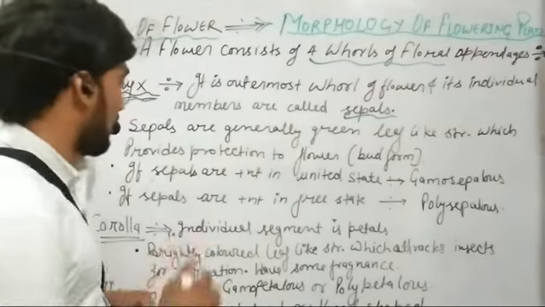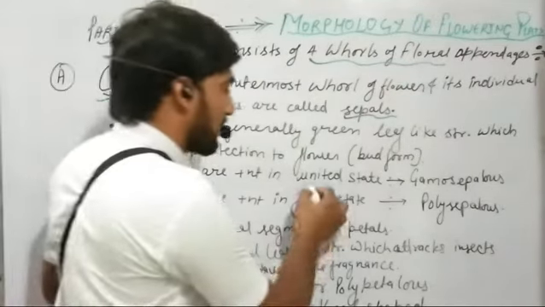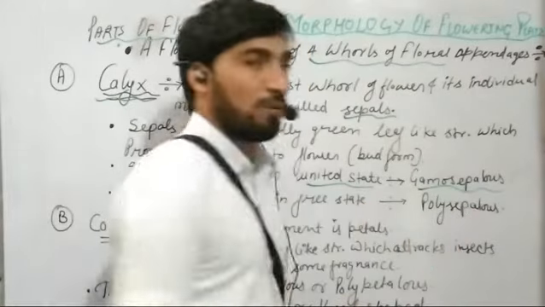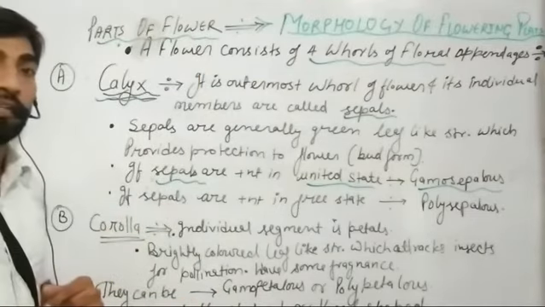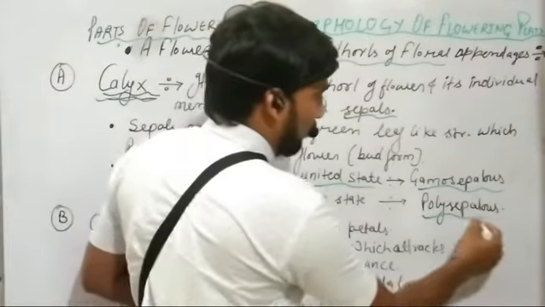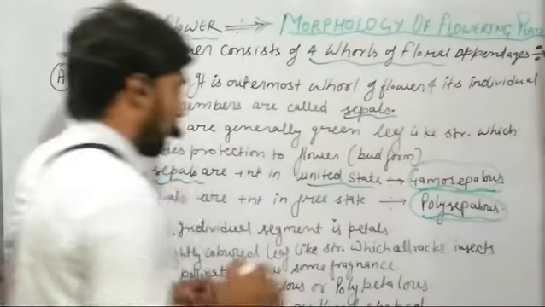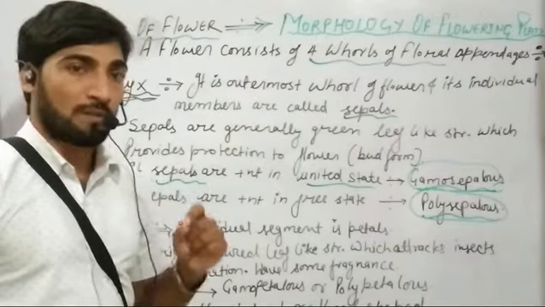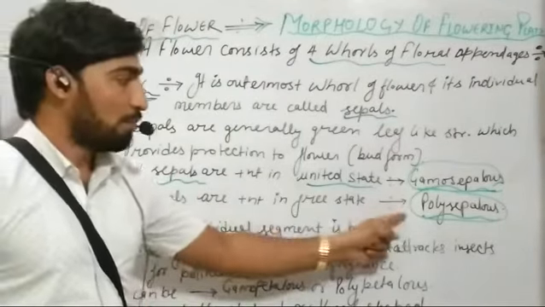If the sepals are present in fused or united state, they are known as gamosepalous. If the sepals are present in free state in a flower, they are known as polysepalous. These are the 2 important terms, remember them.